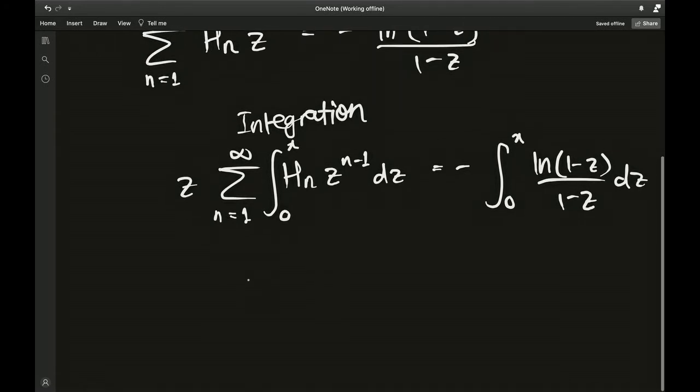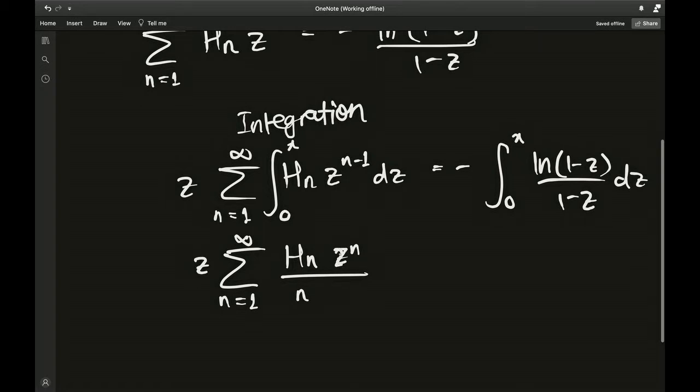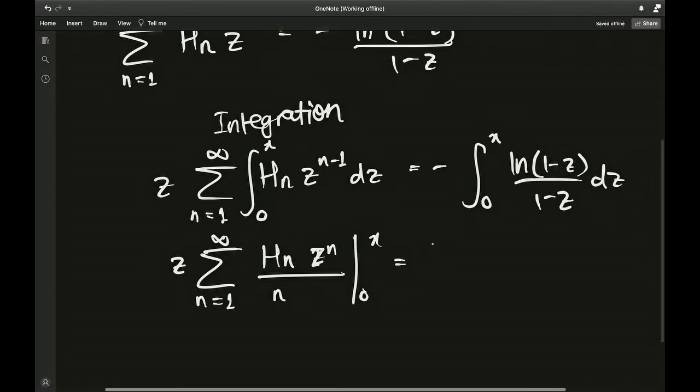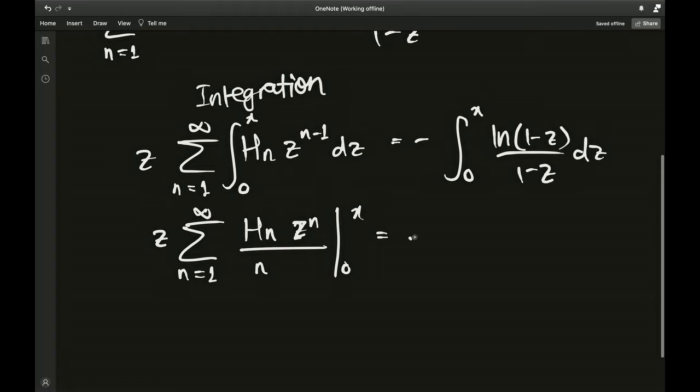And when I do that, I will have the sum from n equals 1 to infinity of the nth harmonic number times z to the n over n. We still have the z, but now this is evaluated from 0 to x. This integral we can just keep as it is for now.